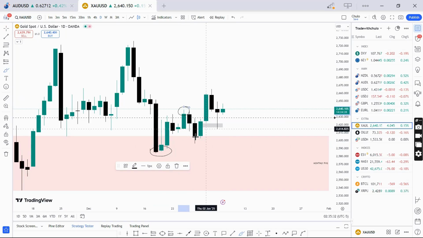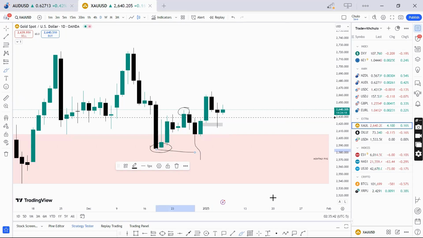With what price did here, I was expecting to see a break of this lower low to confirm that we are still in a downtrend, but that didn't happen. Instead, price went ahead to break this lower high here. So I now have a higher low and a higher high, right?